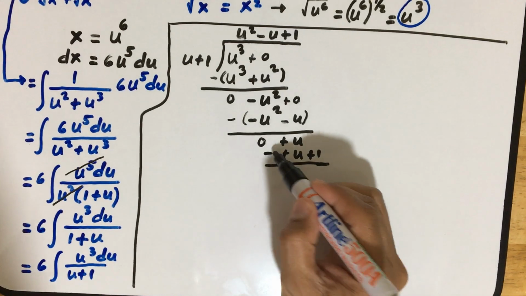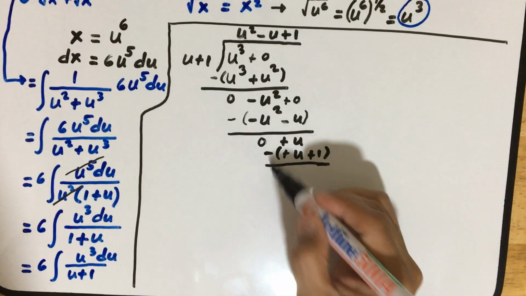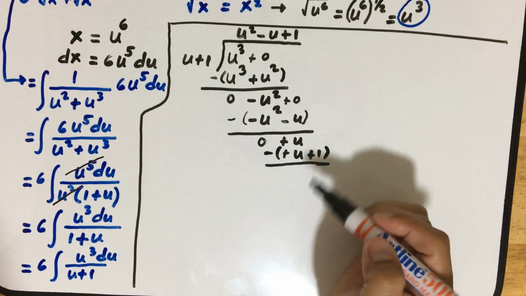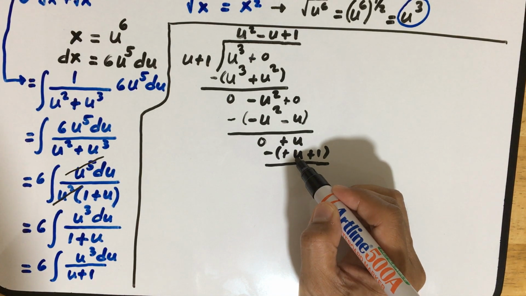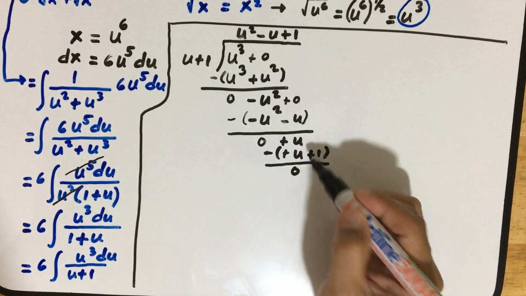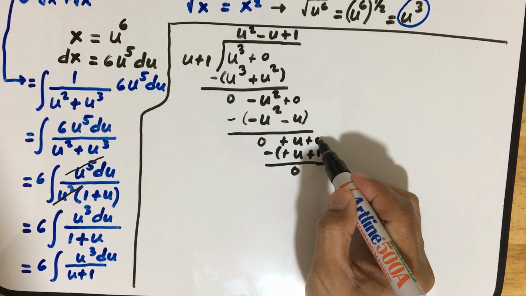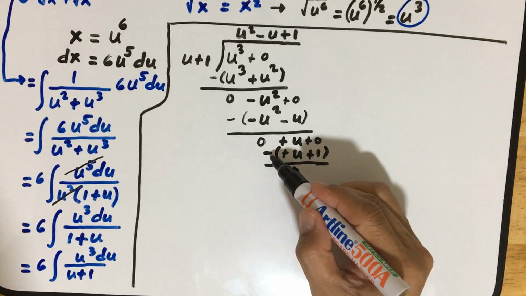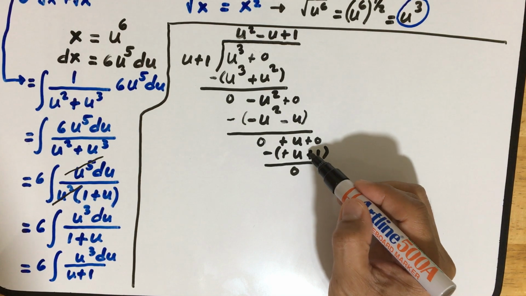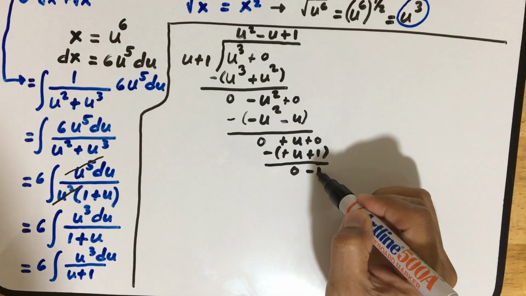Then you subtract. Again, when you subtract, change the sign and proceed to addition. So positive u and negative u give 0. Then 0 minus 1 is negative 1.